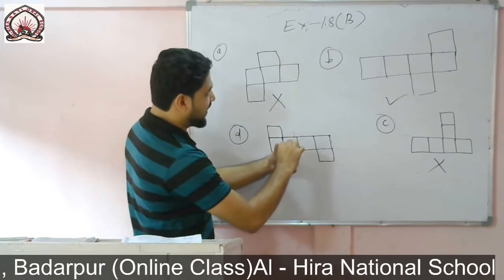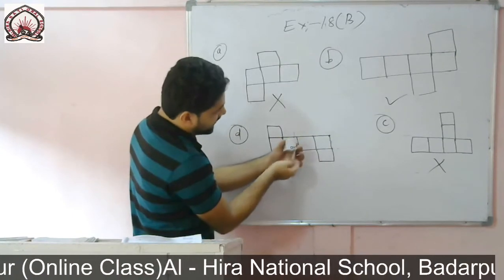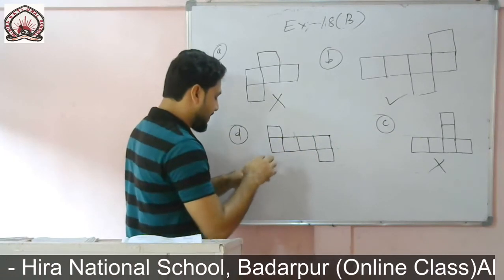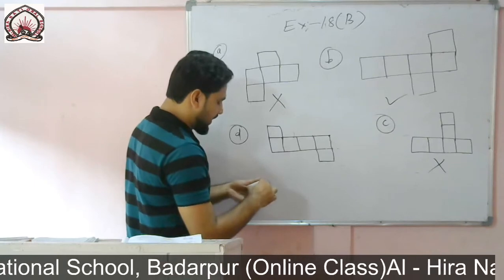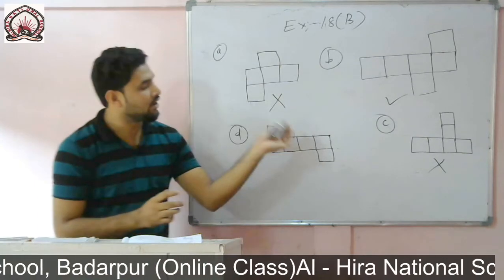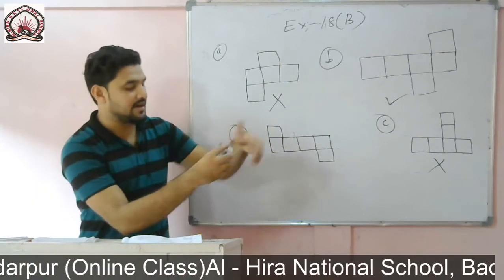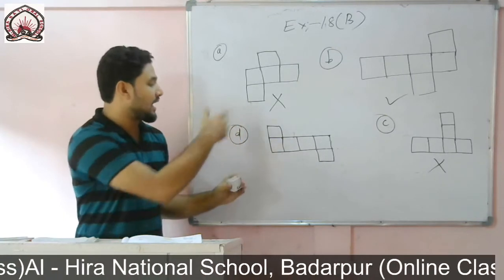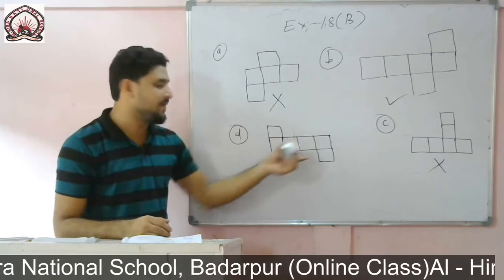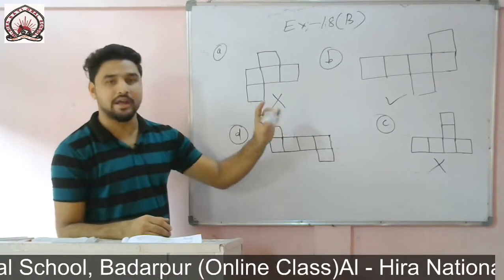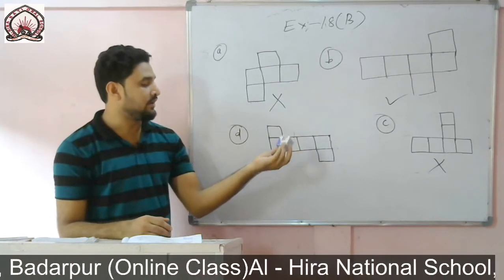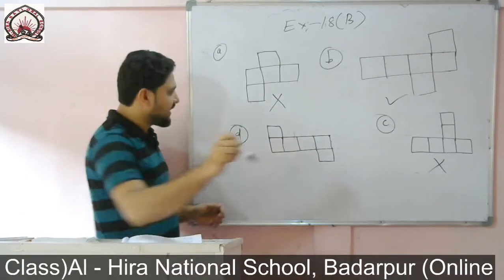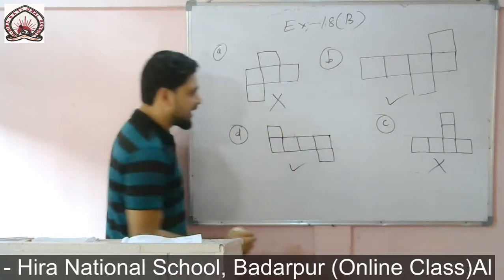If I fold this one, and if I fold this one, then it makes a closed figure. All the sides are closed, okay. You practice at your home. You cut a sheet of paper and divide like this, and you see, it makes a closed figure. So D, it is possible.